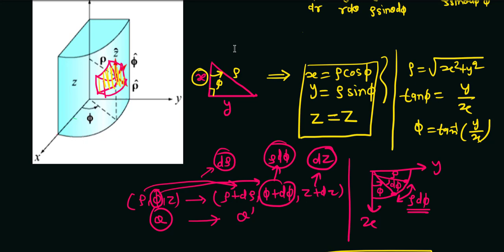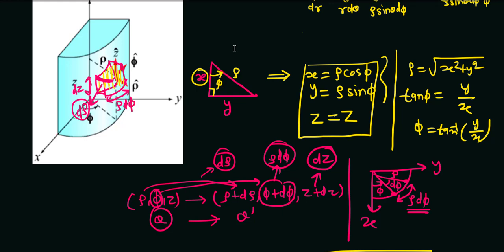Now we have calculated this length as rho d phi in the direction of phi cap, this as dz, and this as d rho. Then you can multiply length, height and width in order to get the volume.